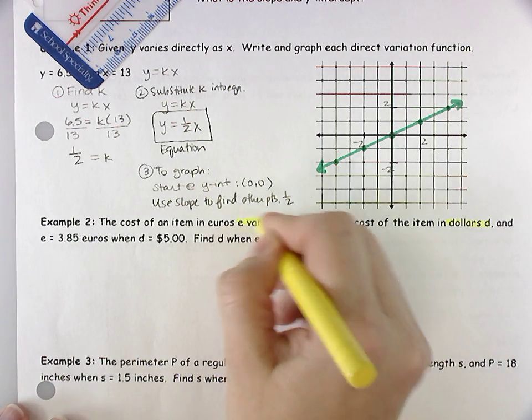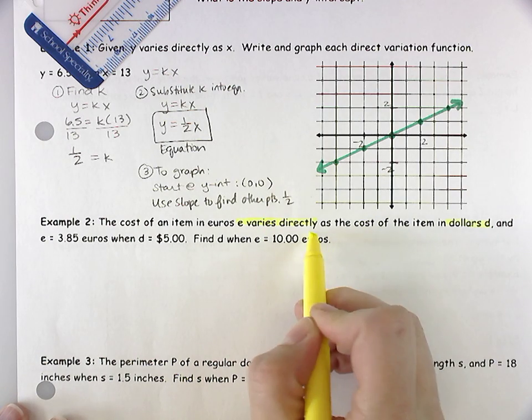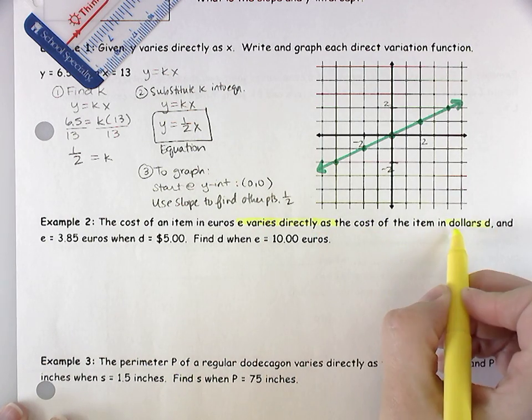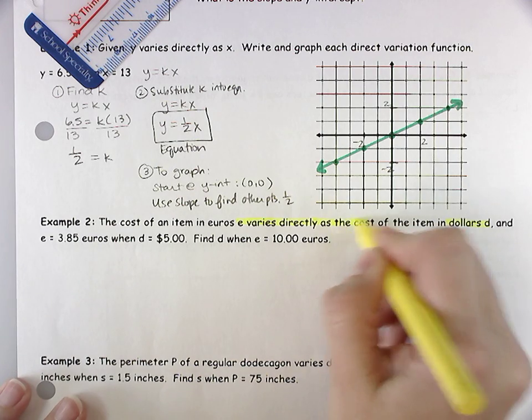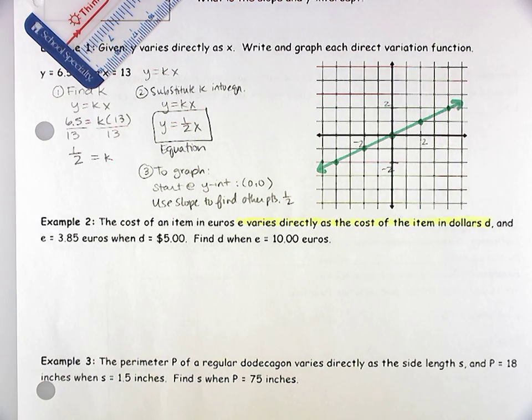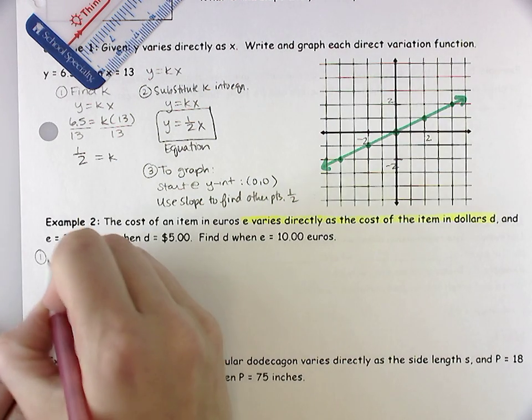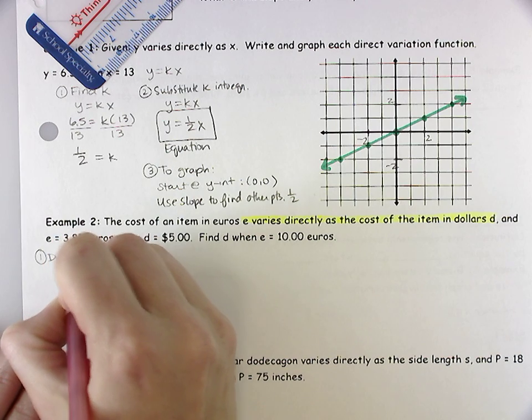Okay, so this says E varies directly as the cost of the items in dollars D. So this is going to set up your equation for you. So that's what we're going to do first. Direct variation equation.